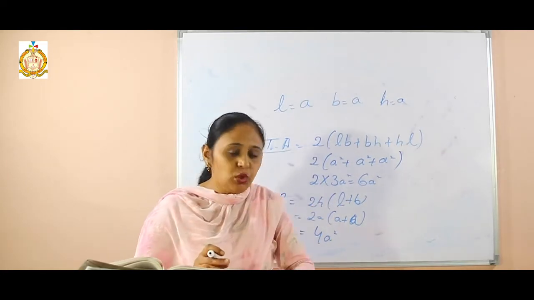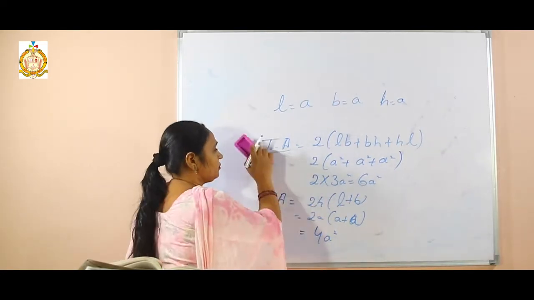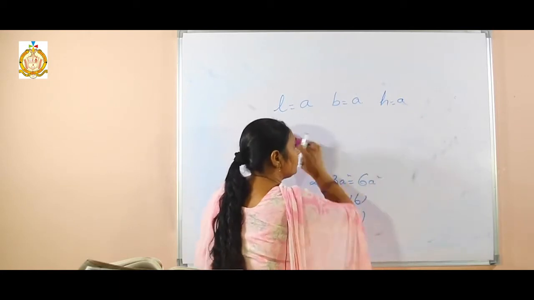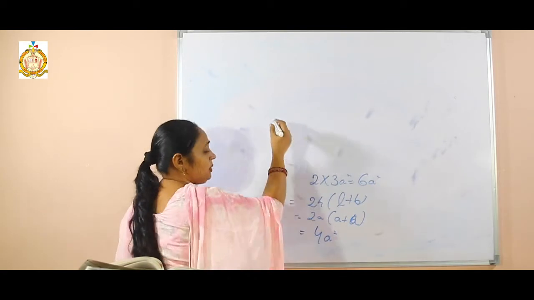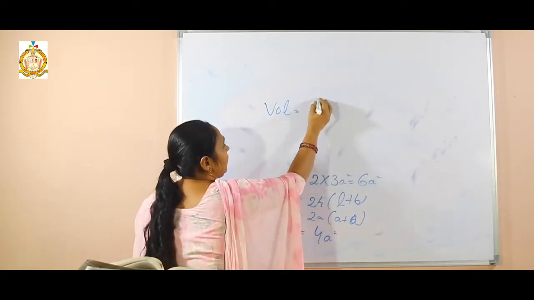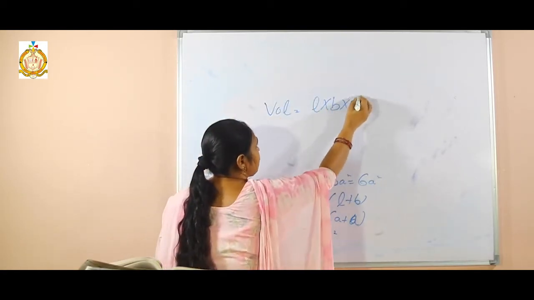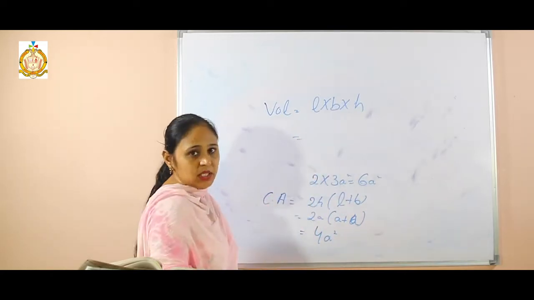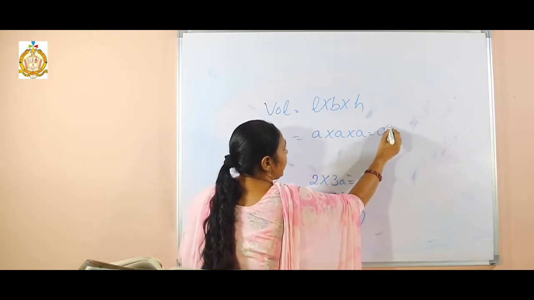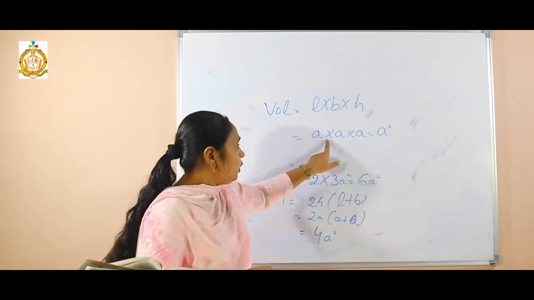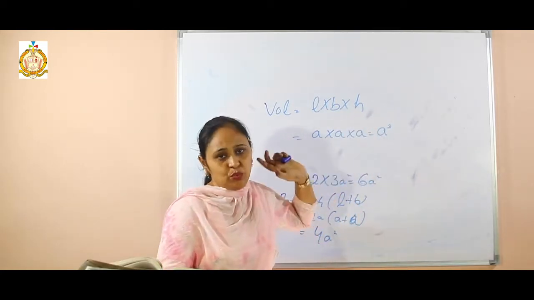Now we come to the next formula, that is volume. In volume, we have length multiply breadth multiply height. Now it becomes A multiply A multiply A, that means A cube, because A is there three times.